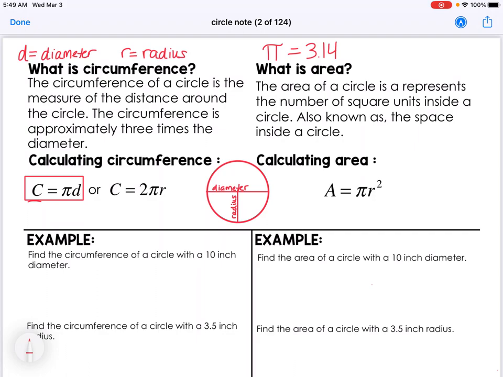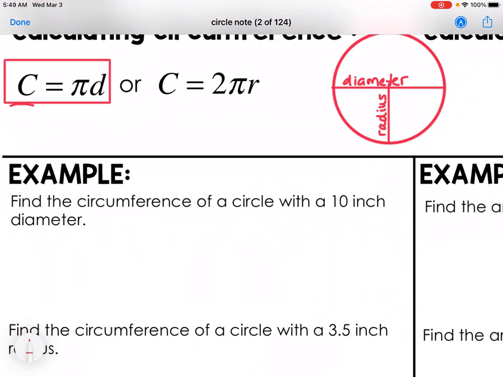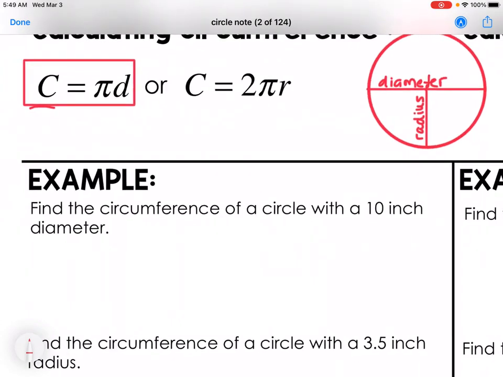So using our formula with a 10-inch diameter, we just plug in the information that we have. So our circumference is equal to pi times the diameter, and our diameter is 10 inches. So if I wanted to have the exact measurement, I would write that the circumference is equal to 10 pi inches.